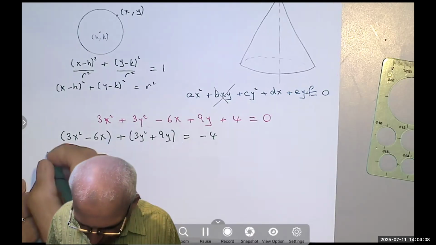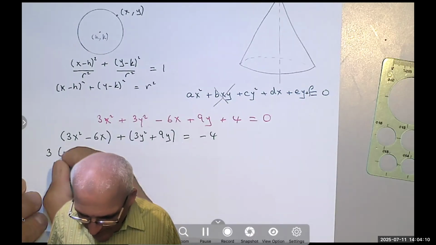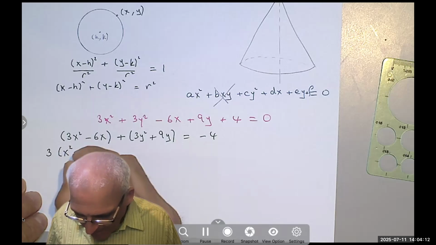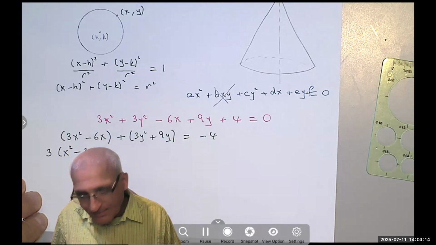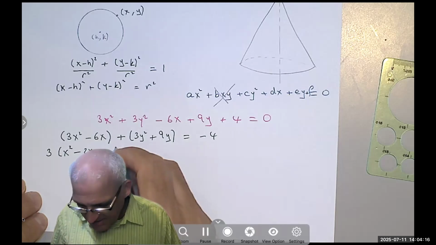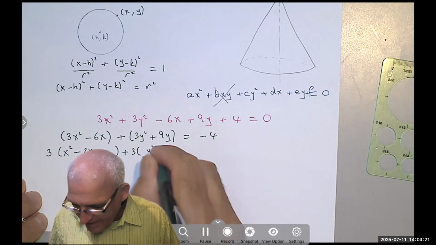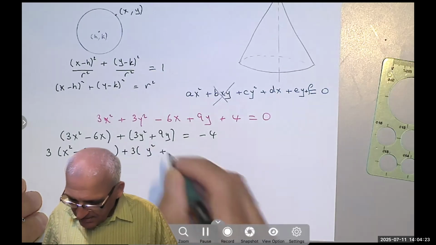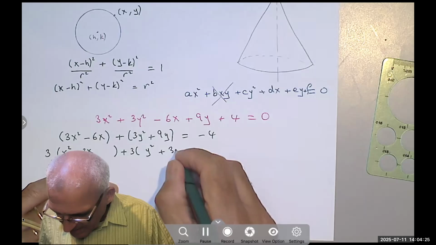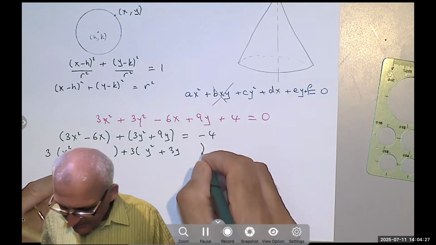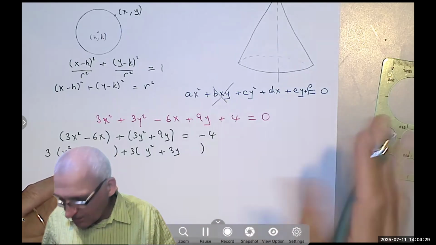So what I'm going to do is to take the 3 out and write this as x squared minus twice x, and then I'm going to leave a blank, and you will see why in a second. Plus 3 times y squared plus 3y, and then I can write plus and leave blank or just leave blank.